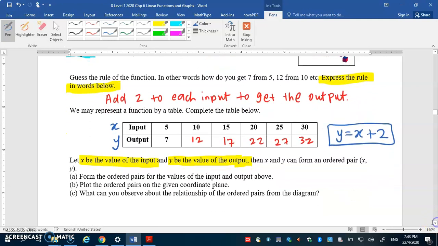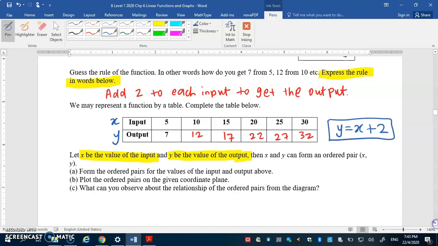Okay, now what do we do with these x and y values? Basically, we're going to form ordered pairs. Okay, what are ordered pairs? We're basically going to write the pairs. That means the value of the input, comma, value of the output for each of these columns over here. So take note that the x value always comes first, then you write a comma followed by the y value.